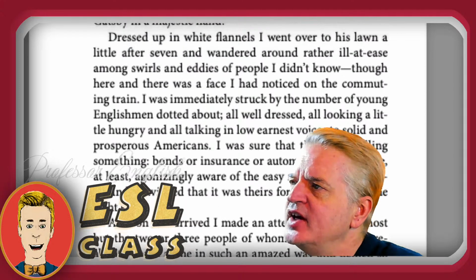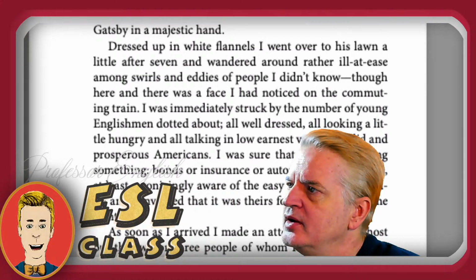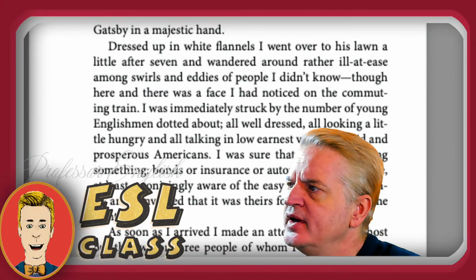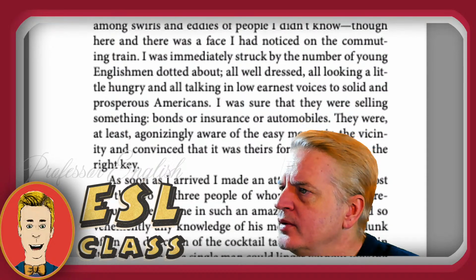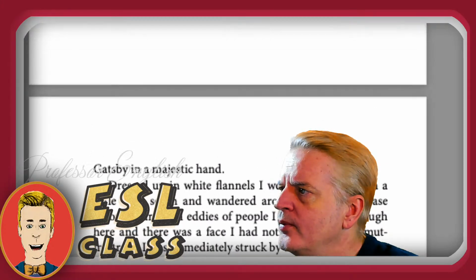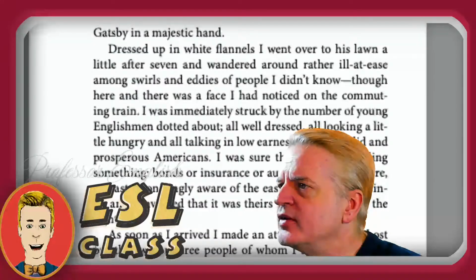N is asking about dot around. Where was that? Went over, ill at ease among the swirls and eddies of people I didn't know, though here I noticed a few. Where was it? It must be in this paragraph, right?